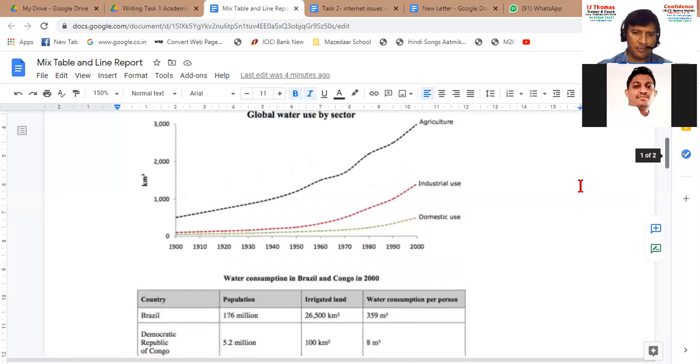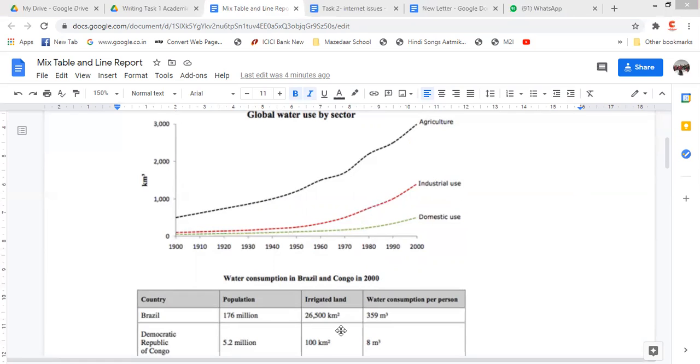Overall, agriculture showed a tremendous growth from the starting and became the top one and performing well, while industrial use and domestic use have not shown that growth.